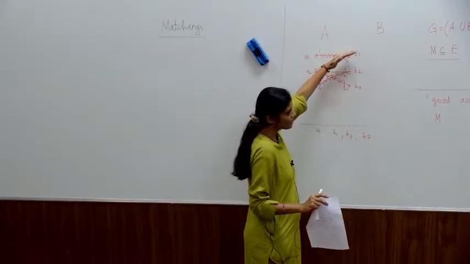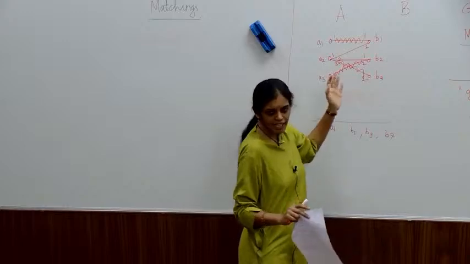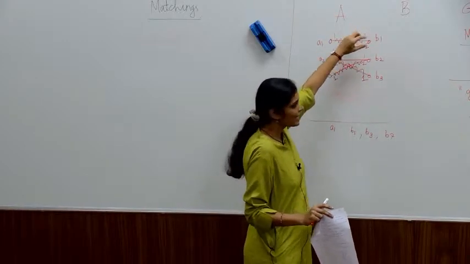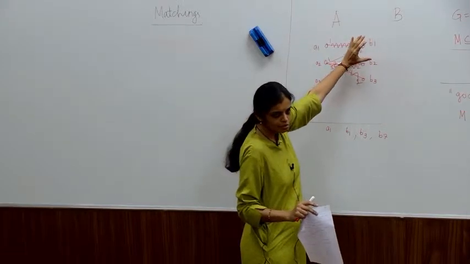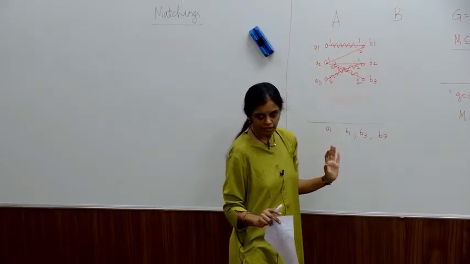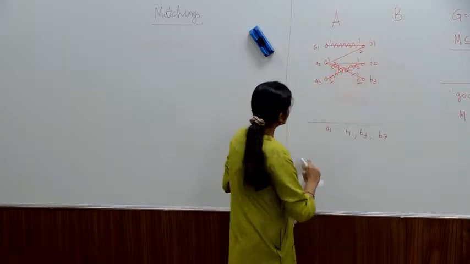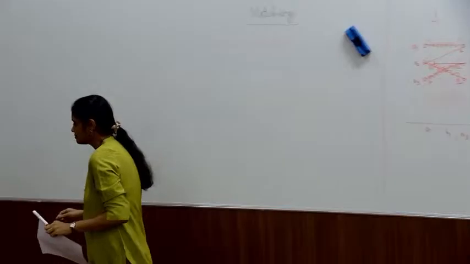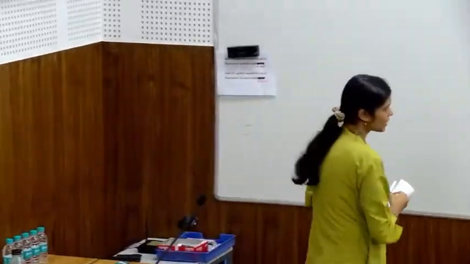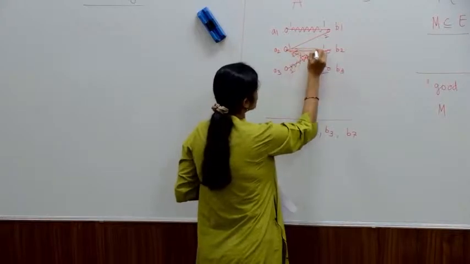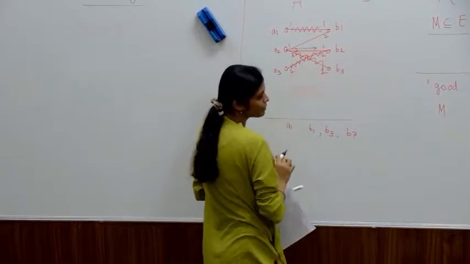When it approaches B1, B1 says that I would have liked to give you a seat, but sorry, I have only one seat and I rank A1 better than you, therefore I cannot accommodate your request. So A2 gets turned down from B1. A2 says, okay, sorry, it's disappointed and doesn't get B1. A2 goes and applies to B2.